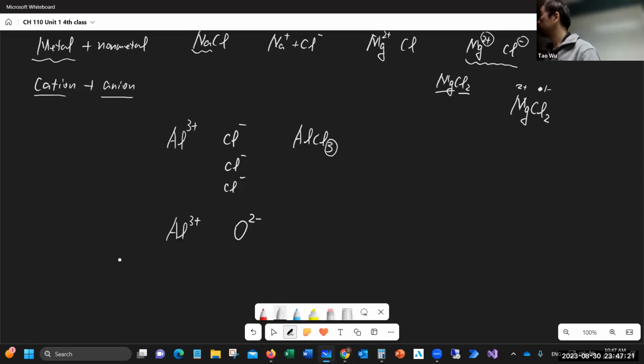In general, the way to balance is to move the 2 over here and the 3 over there. That means a 2 shows up here, so we have 2 aluminum ions, and a 3 goes under this, so we have 3 oxide ions.